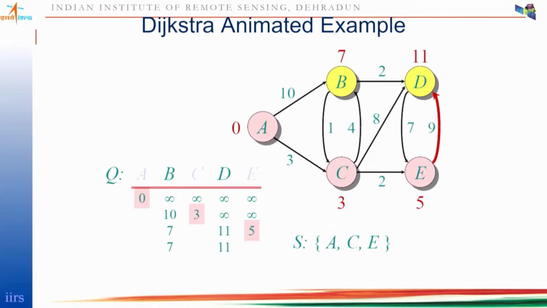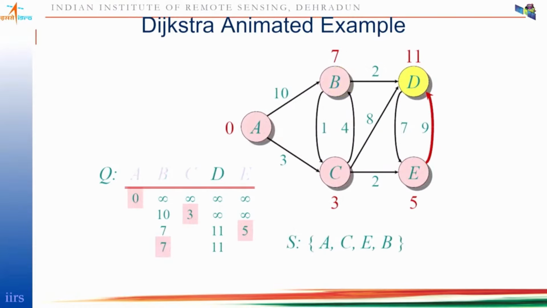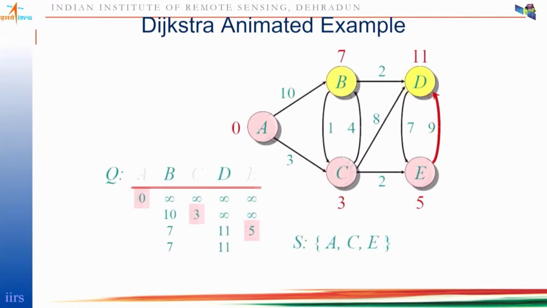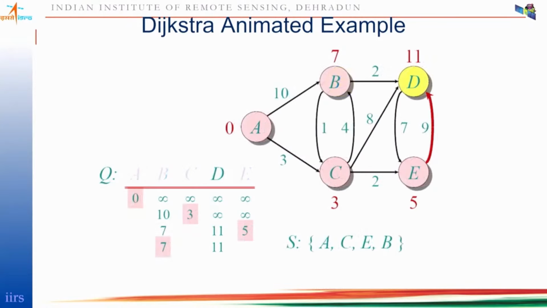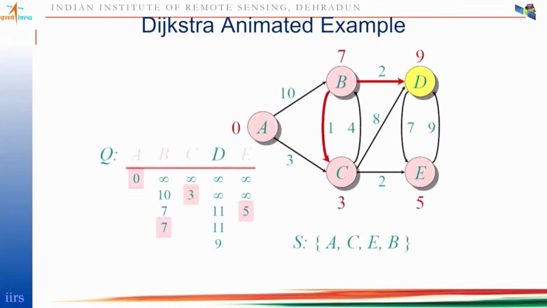Then again, from these three nodes, we start looking at the total cost of what we can reach from the different locations. Between B and D, the cost will be 7 or 11, so B is the least one and it is selected, and in the same way D is covered. This gives the sequence of the nodes which I was talking about at the beginning.